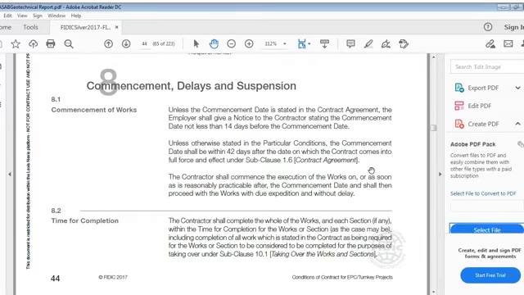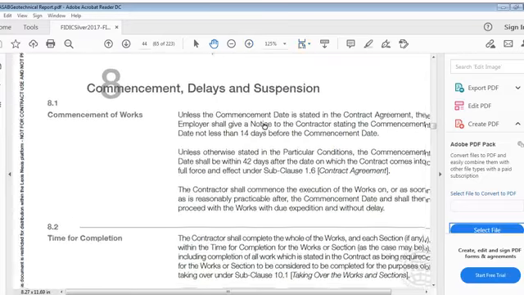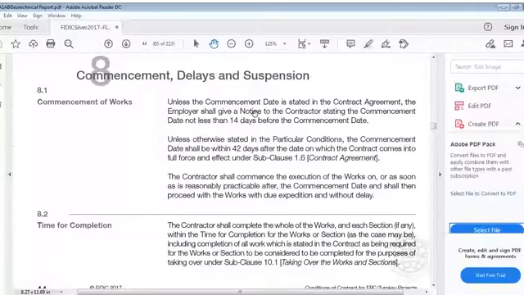This is what we have to start with now. I will start commencement delays and suspension here, and I think I should blow it up better. Yes, commencement delay and suspension.